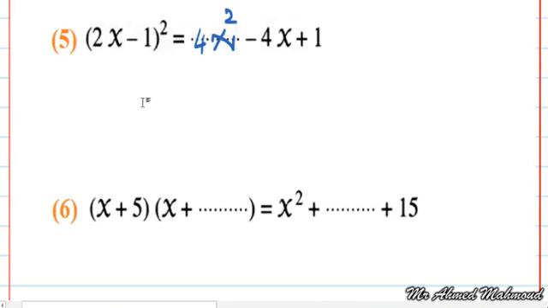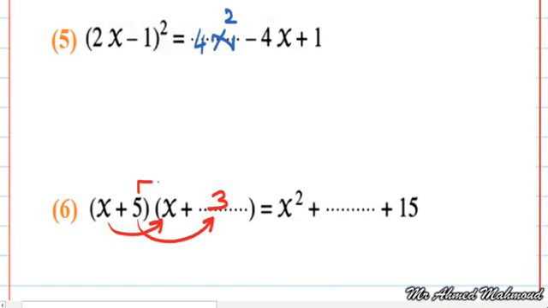Next, to solve this one, we are going to use the mental way. x by x, first by first, equals x², second by second: 5 times what equals 15? 5 times 3, and here we have 3.